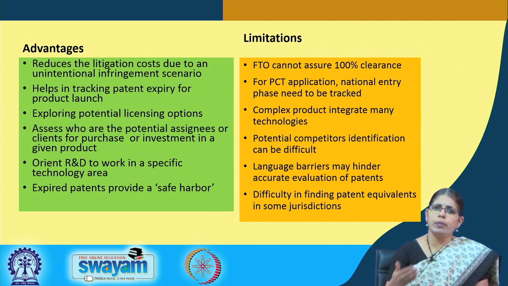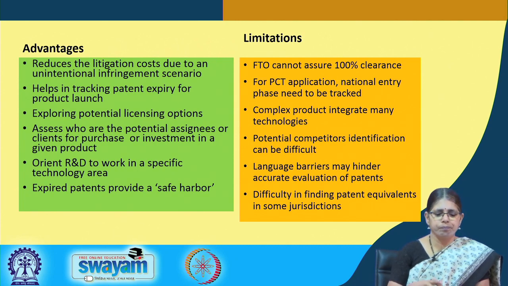Certain patents are not published in regular times at a patent office, in which case that information is not available. Some of the documentation that is available at the patent offices may not provide you the full description of the invention, in which case again the question of mapping becomes a difficulty.